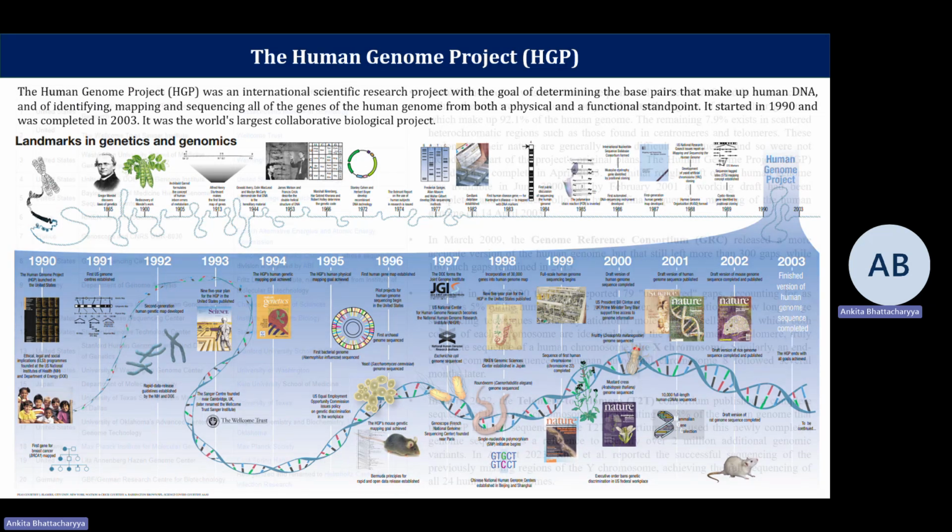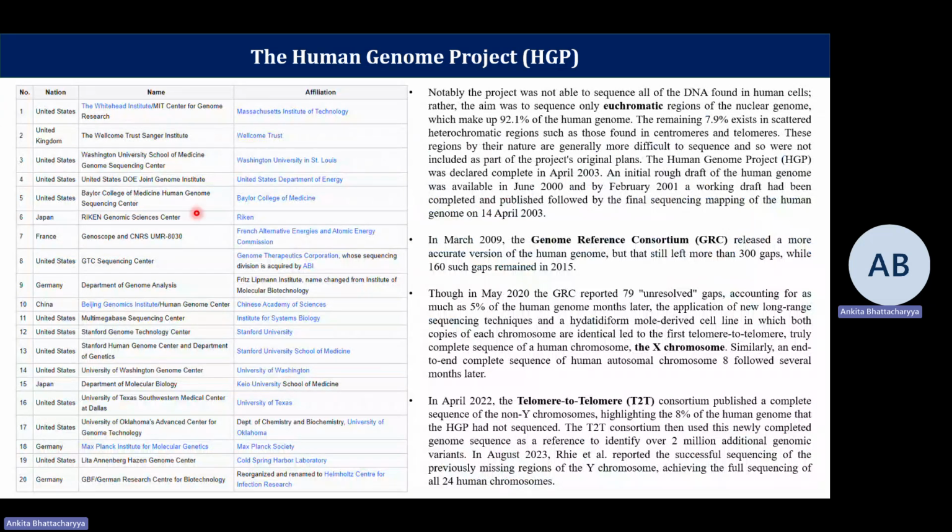So this was a snapshot of all of the different institutes which were collaborating as part of this project. As you can see here, most of the collaborating institutions were part of the United States, but there were representations from the United Kingdom, Japan, France, Germany, etc. as well.